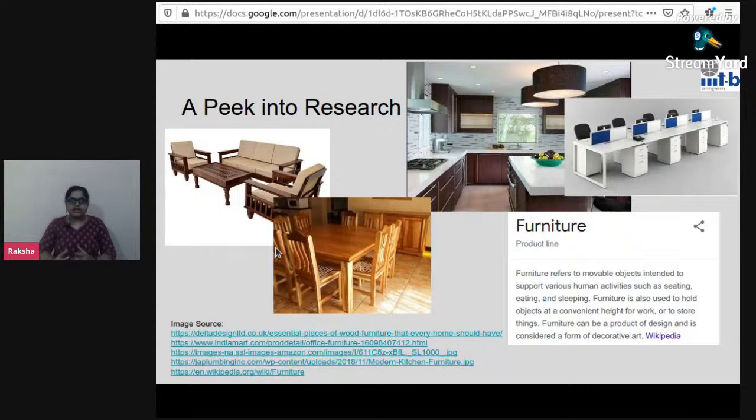That is when we got a small peek of what goes into research. It was a very thought provoking experience for me, that thesis part, and really enriching, because for the first time somebody was asking me, how do you define a furniture?